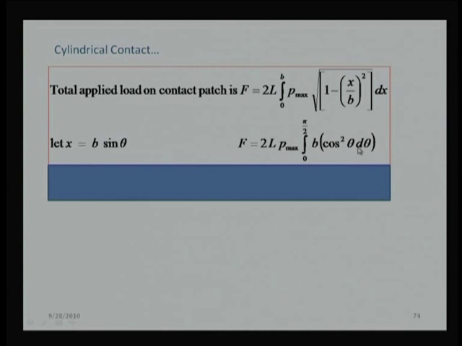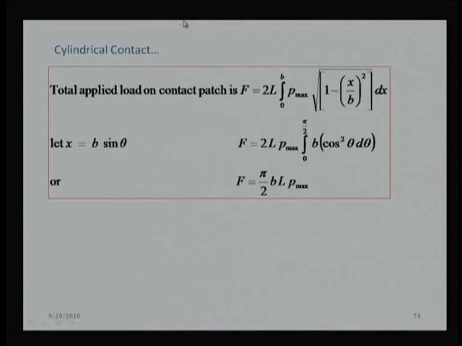However, the plus 1 can be integrated easily, that will turn out to be theta, and when you substitute this integration limit, it will turn out to be pi by 2.